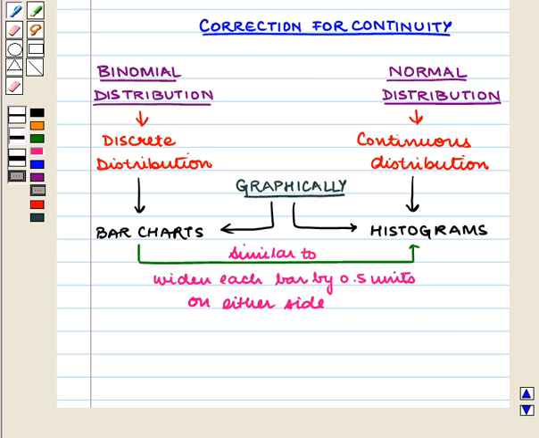When we do this, we are making a correction for continuity. Each bar will have an area proportional to the probability of the integer on which it is centered.